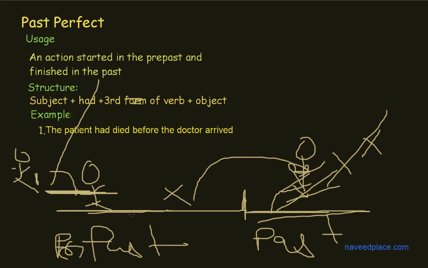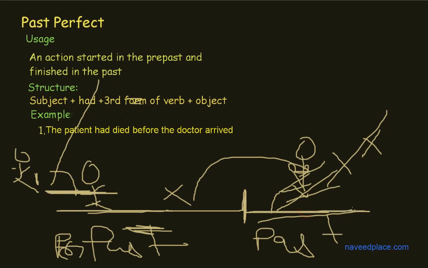Getting me? So an action started in the pre-past and finished in the past. This is the past. As the past started, the action had finished. So before the past, an action started and finished, and that is called past perfect. Getting me?